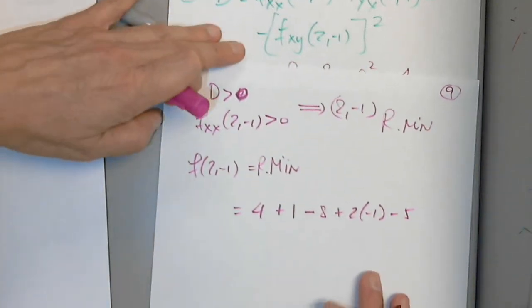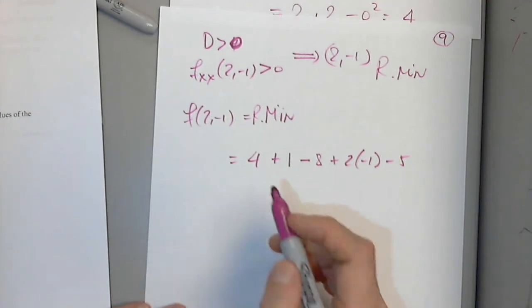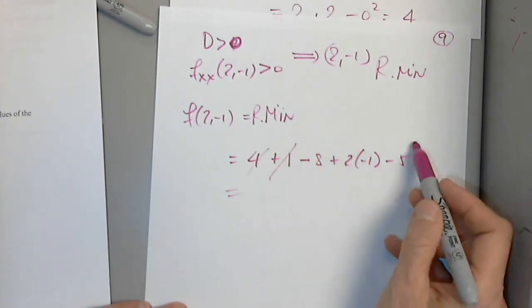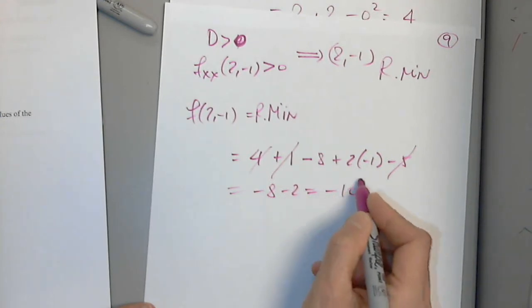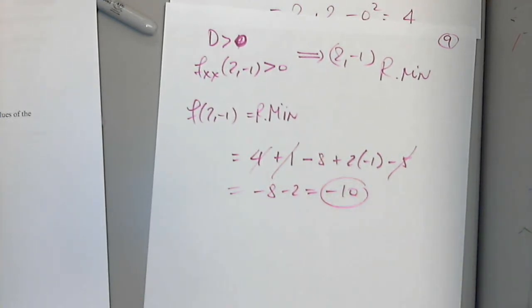I just plugged into the original function. So this is 5 with -5, and this is -8 with -2, which is -10. So this function has a relative minimum at 2, -1 and the actual minimum is -10.